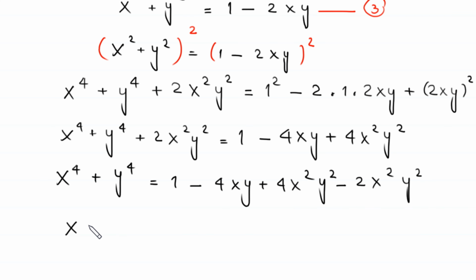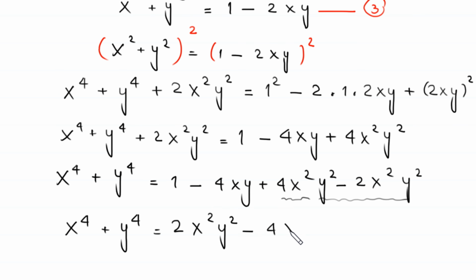Next, x to the power 4 plus y to the power 4 is equal to this 4x squared y squared minus 2x squared y squared will become 2x squared y squared, negative 4xy, plus 1.